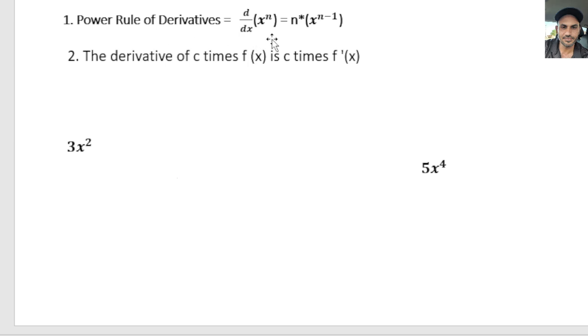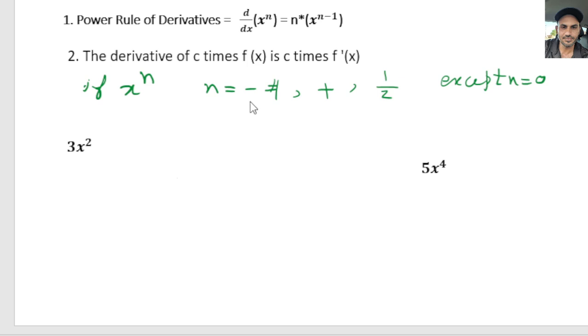In this particular rule, if we have x raised to the nth exponent, so x is raised to some n power, where n could be a negative number, a positive number, a fraction, any of these, except n cannot be equal to 0.